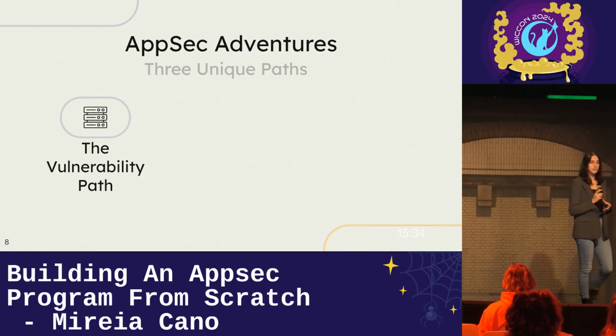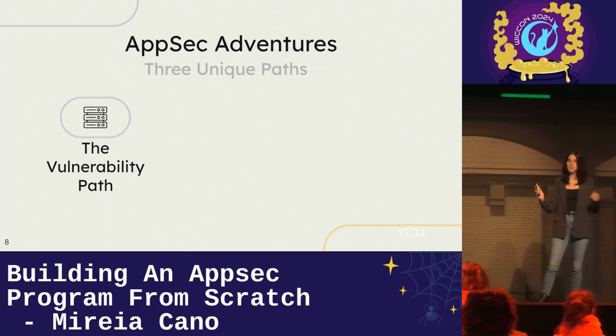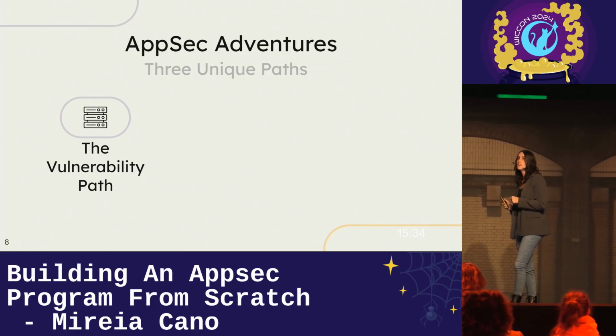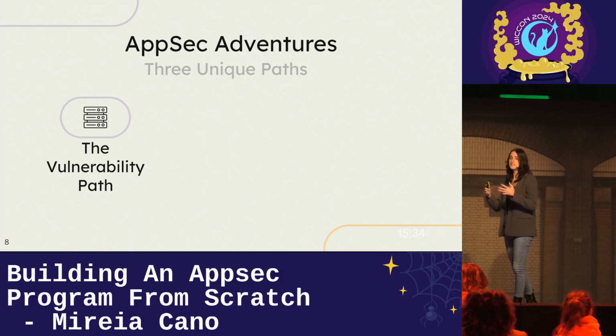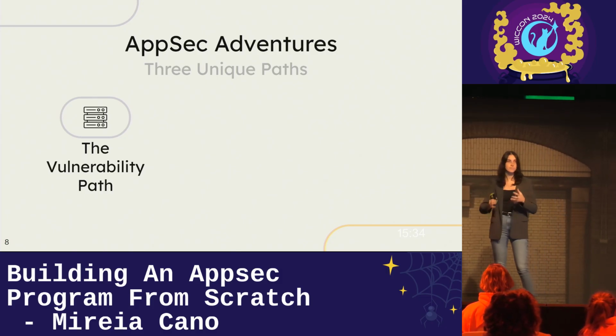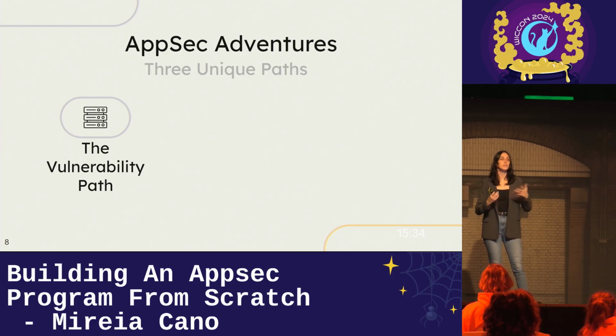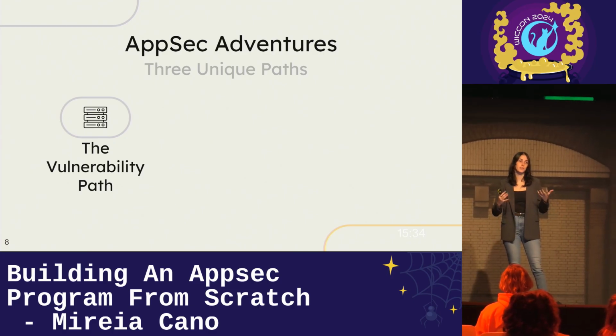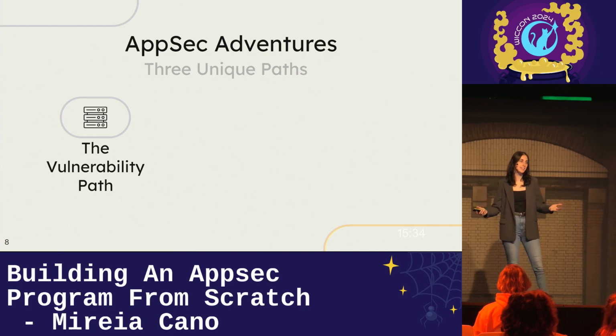The first one is the vulnerability path. Here I'm going to be sharing about vulnerability management, this centralized place for visibility of our security posture in the company. We didn't have that at that point, and we needed it. So how did we get there?